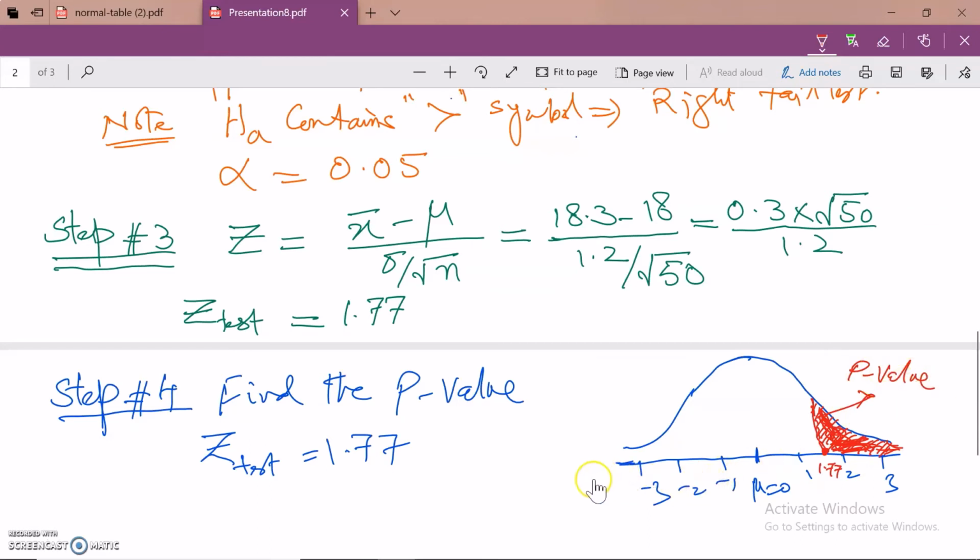You have two options. You can use a table or you can use technology to find the p-value. Let me use technology for this purpose, and you can practice with the table. Okay, let's go to Microsoft Excel and compute this area.